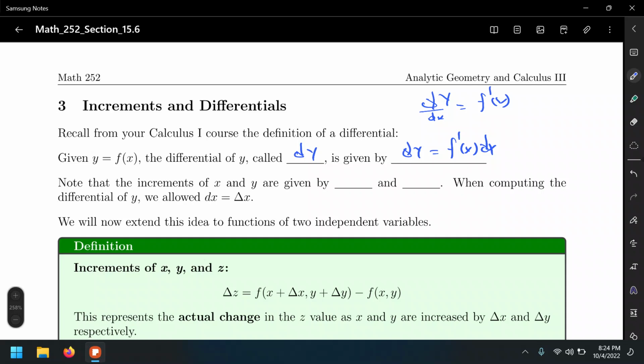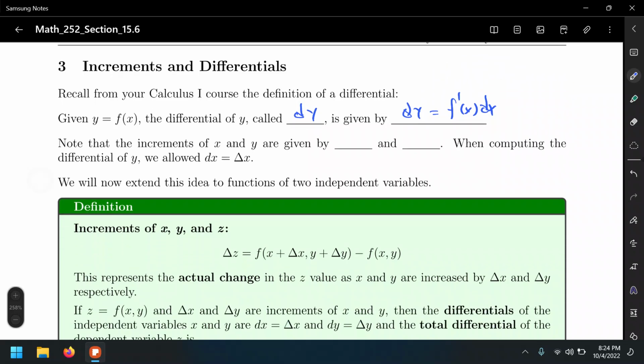So we really didn't see that as a quotient, but when it came to looking at differentials, we treated that as a quotient of two quantities, and what we really did is just multiply both sides by dx. This was the preliminary idea before getting into integration. We're not going to do the integrals yet, but we're almost getting there.